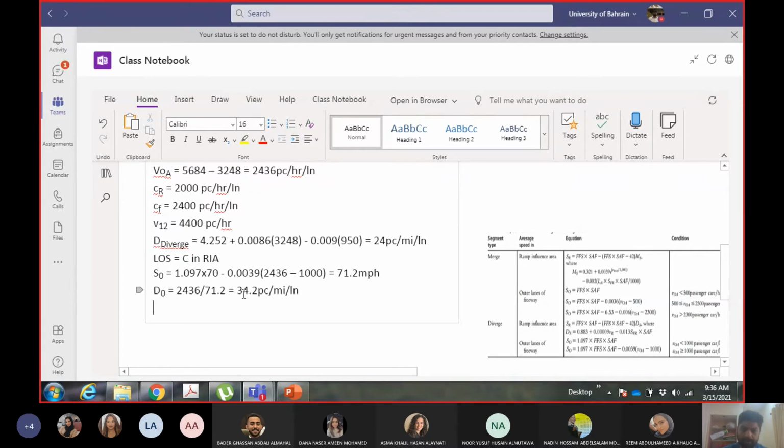Then SR. Before SR, we need to calculate DS.